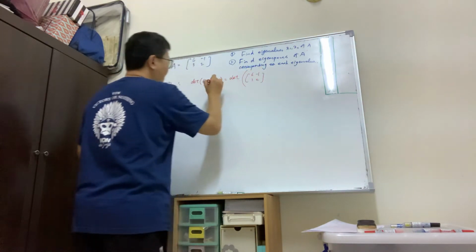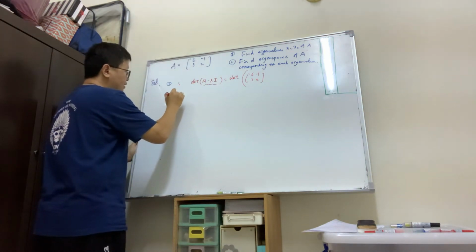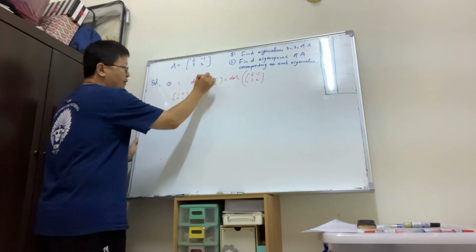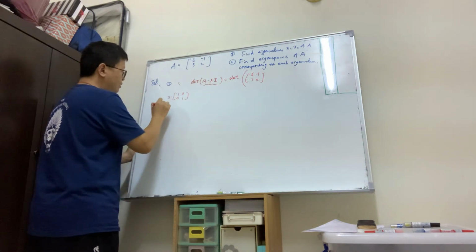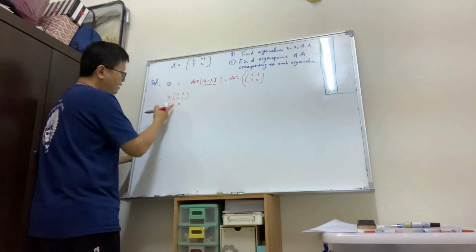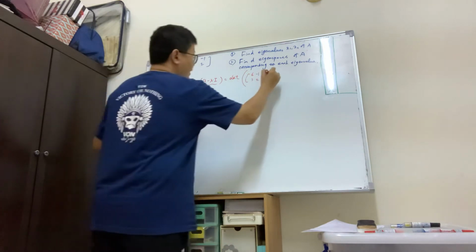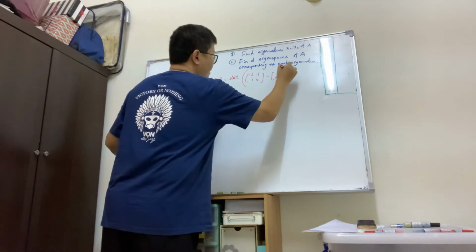What's lambda I? I is the identity matrix, (1, 0; 0, 1), but we multiply by the scalar lambda, so it becomes (lambda, 0; 0, lambda).